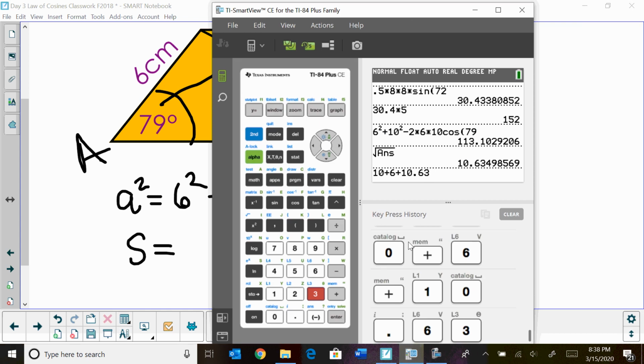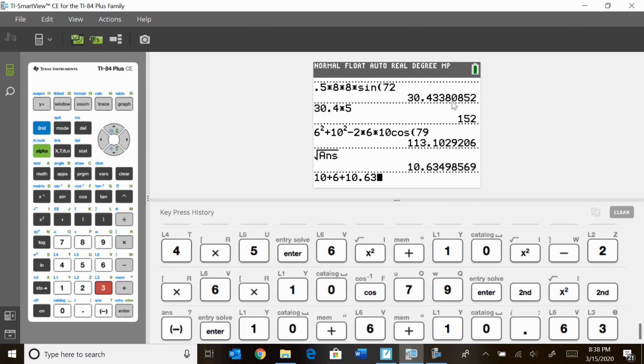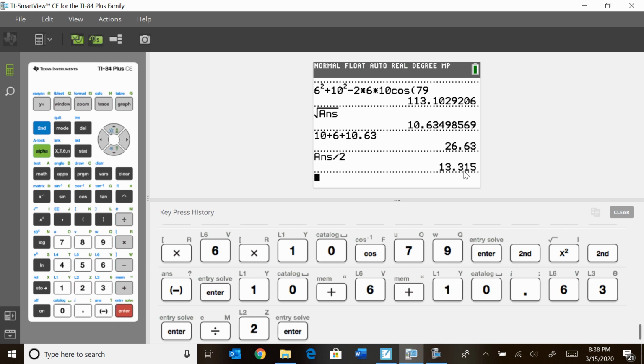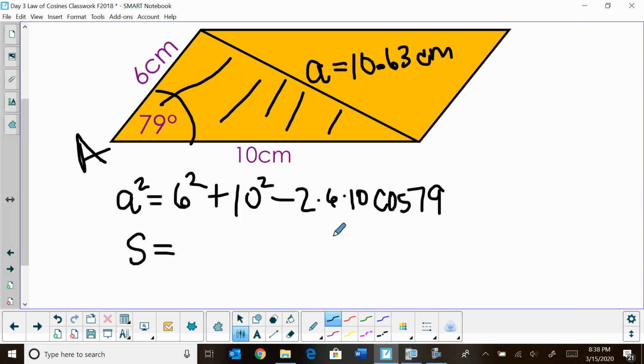Yep. And get that answer. And then I'm going to divide it by 2 because that's the definition of a semi-perimeter. And we got 13 point, let's use 13.3 just for simplicity. So 13.3 is my value of S.